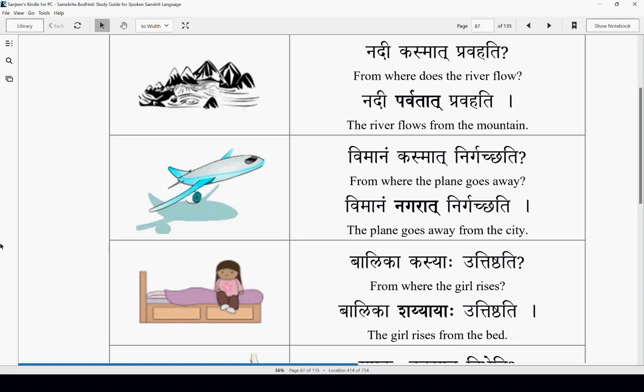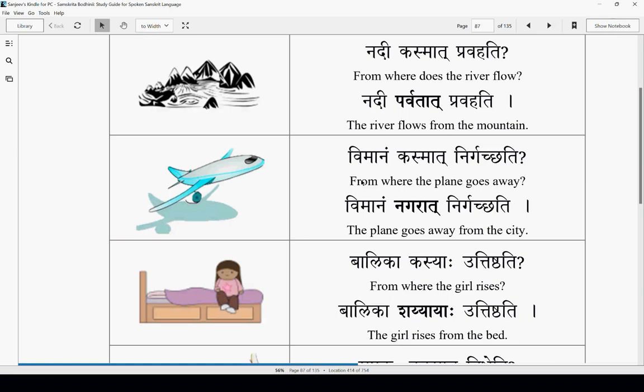Not just goes away. So for example, if it goes to the city, then Vimanam nagaram, it is the Dvitiya Vibhakti, right? Yes. And then, okay. Thank you. Dhanyavad.